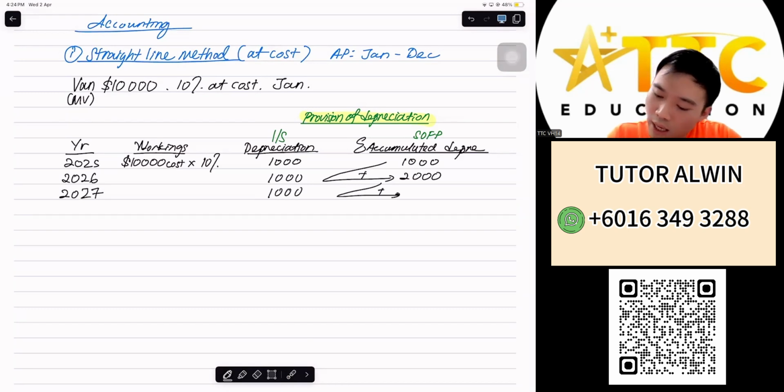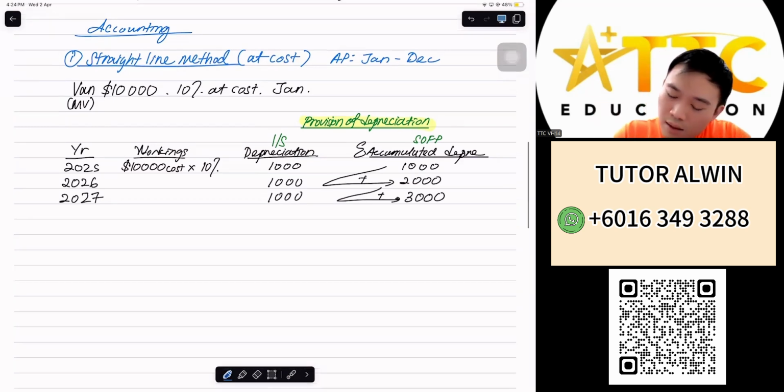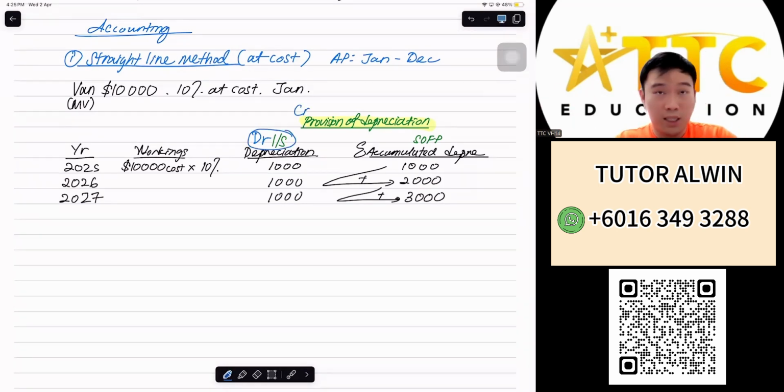So how will the accounting entry, the double entry, be? Very simple. It is always the case: debit your income statement, and then credit the provision for depreciation. This is the one we use all the time.